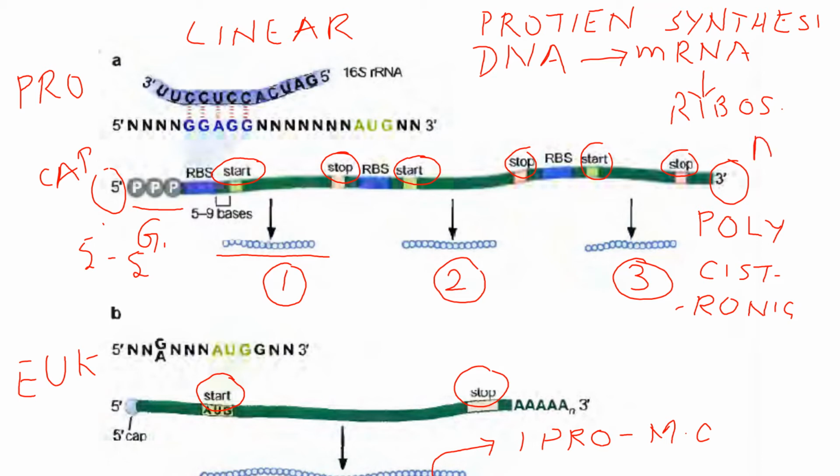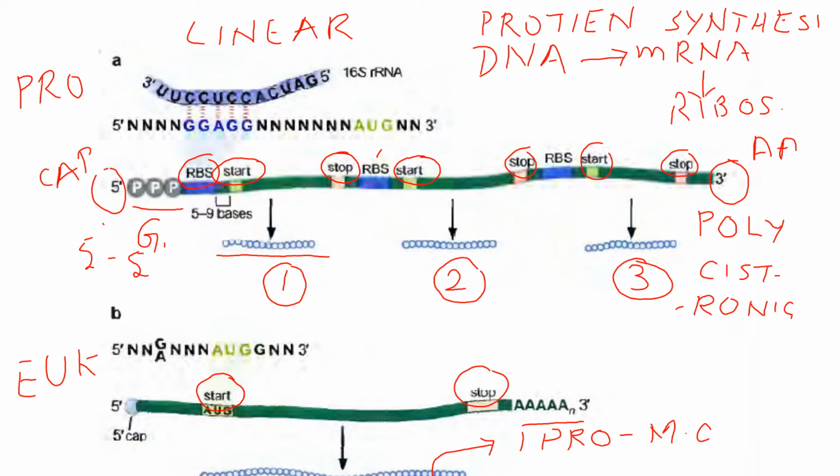At the 3' end there are many adenines present, and that is called a poly A tail. Over here it is signified, and this tail is present at the 3' end. Now in between the 5' end and the start site, there is a site which is called the ribosomal binding site.